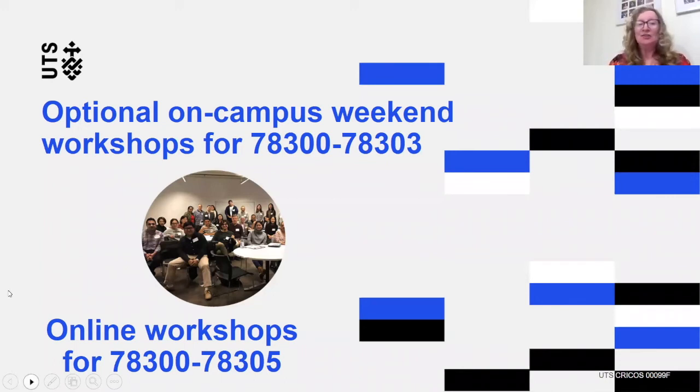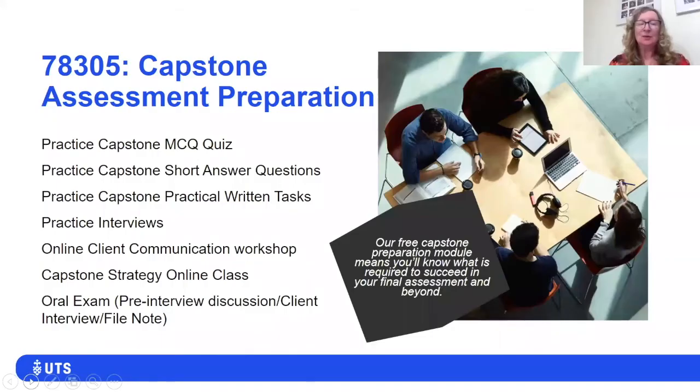And we've already mentioned that there is a capstone assessment preparation program as part of our final subject 78305, where this program is based on the College of Law structure. As soon as we know who the new provider is and what the new structure is, we'll make adjustments as we need to.